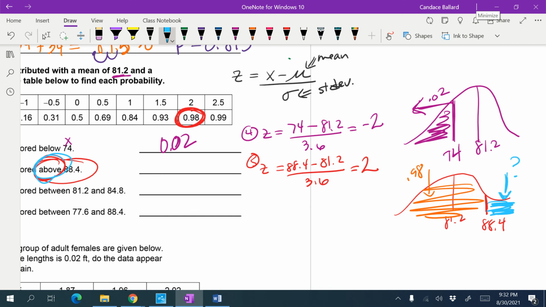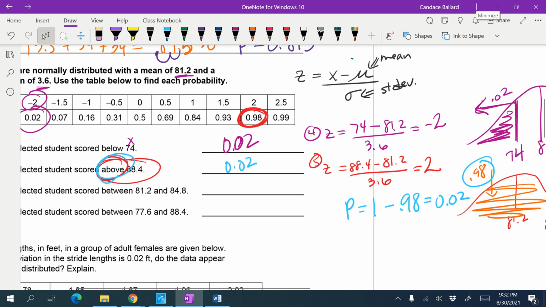We know that this entire curve is equal to 1. So what we do is we take 1 minus the probability that we calculated, and we get 0.02.